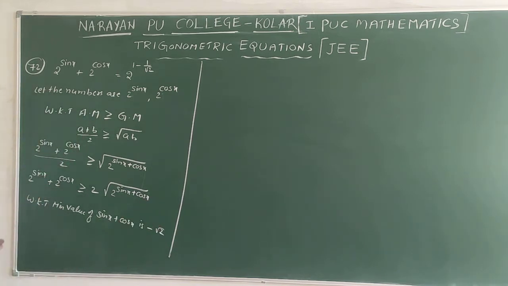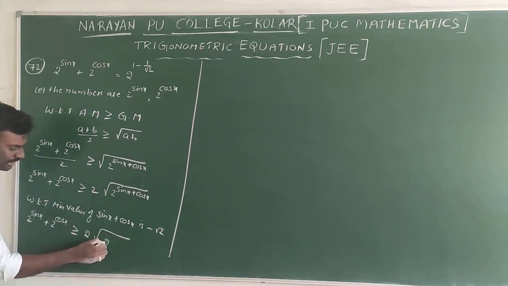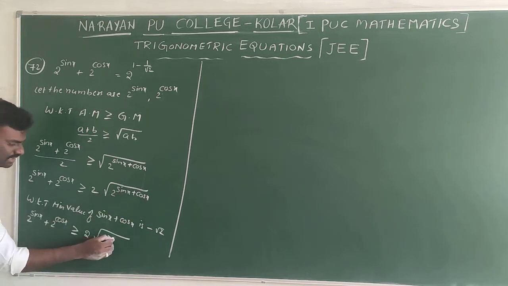I am substituting this one. 2 power sin x plus 2 power cos x is greater than or equal to 2 into 2 power, the minimum value of sin plus cos, which is minus root 2.